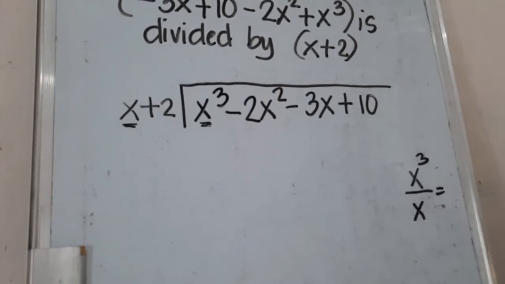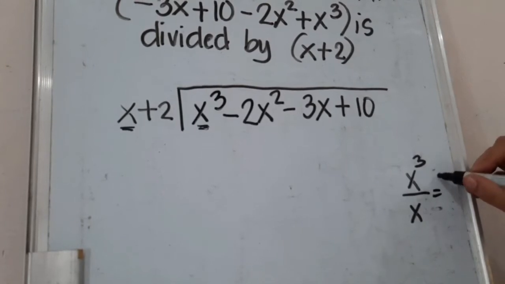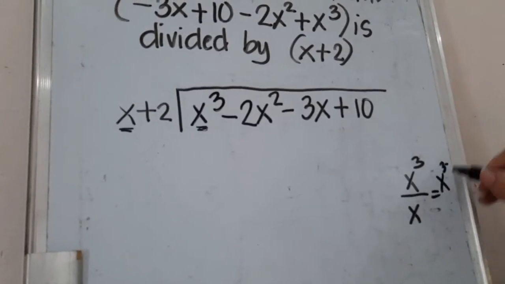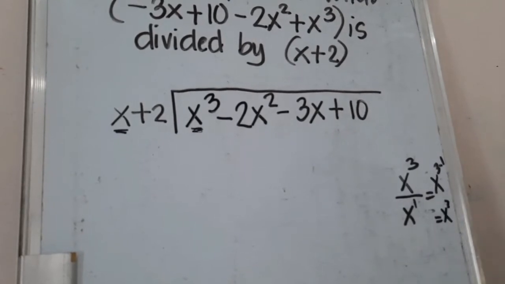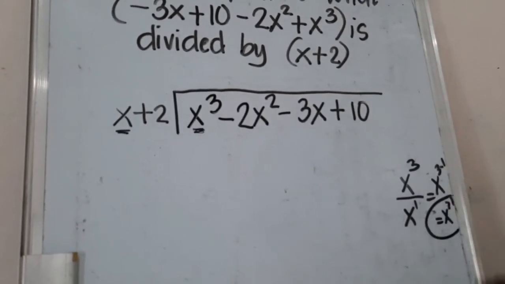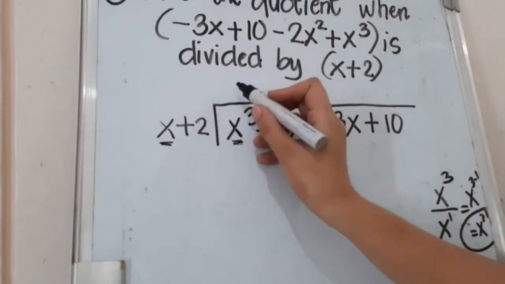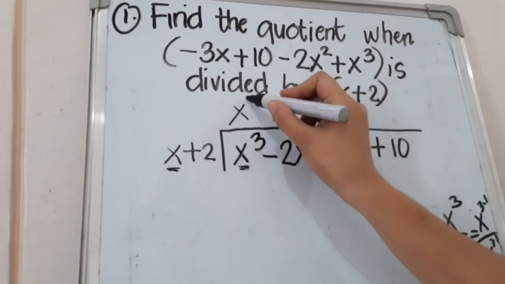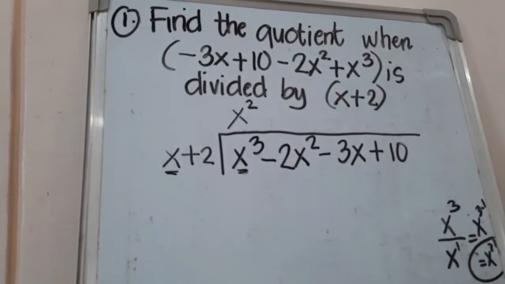So what's the answer? Applying the law of exponents, this will become x to the 3 minus 1, so it will become x squared. The answer x squared will be the quotient, and we will write that at the top. So we'll have x squared. Easy, right?